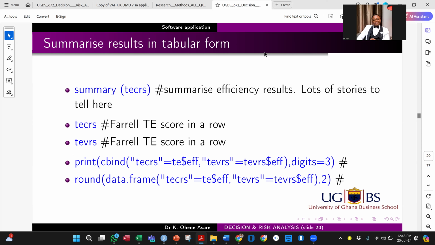Oh, okay, yeah, you're very right, because it's supposed to be TECRS, just like the second one is correct. You can see that this one is TEVRS, and that is the same thing you are using for that. So this one is supposed to be TECRS. So when you are running, edit it.